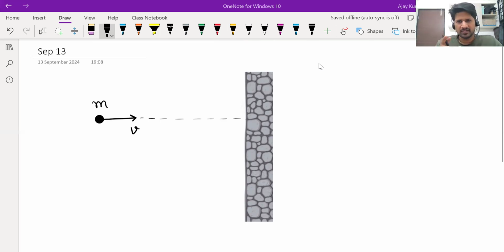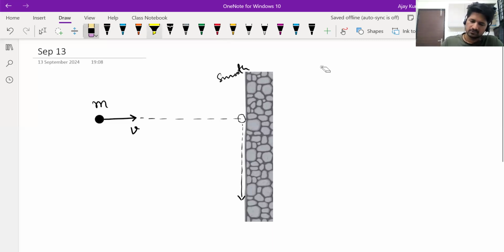You all know that. Let's say this ball is made of such a material that after hitting the wall, it simply loses all its momentum. It comes to rest. You assume it sticks to the wall. Or if the wall is perfectly smooth, what will happen? It will simply start sliding down like this after it hits the wall.